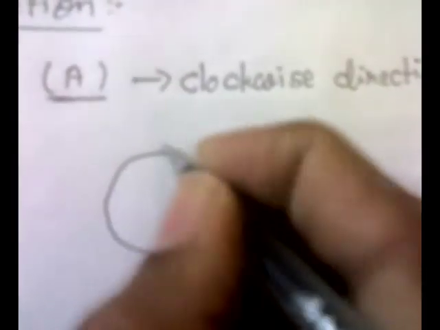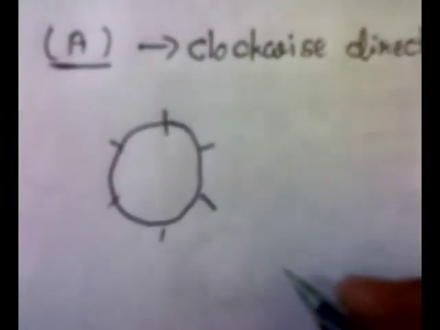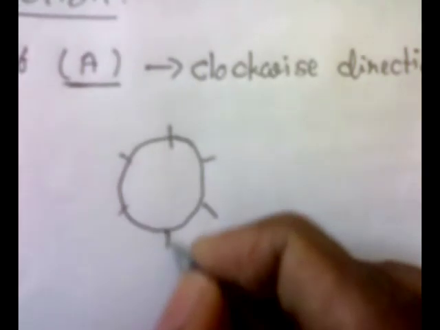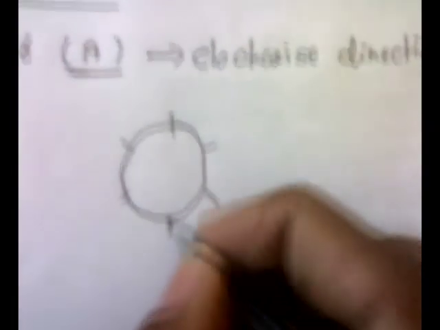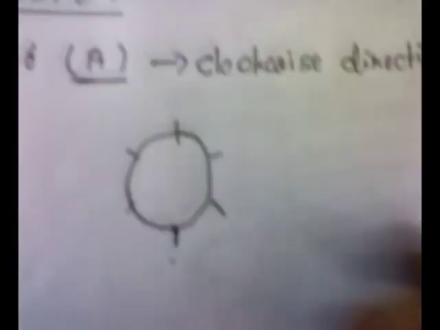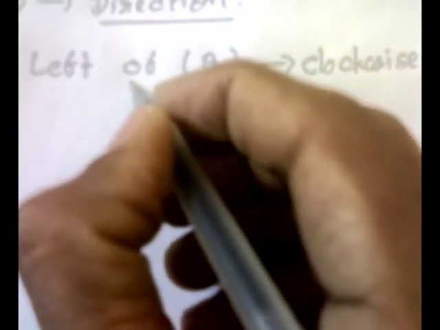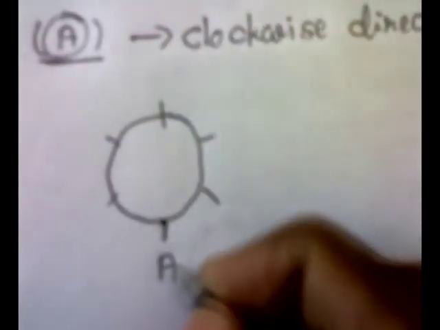Suppose we have a circle like this, 1 2 3 4 5 6, where 6 persons are sitting around the circle, and we have a condition like B sits second to the left of A. We put the letter which is followed by of, that is A, here.